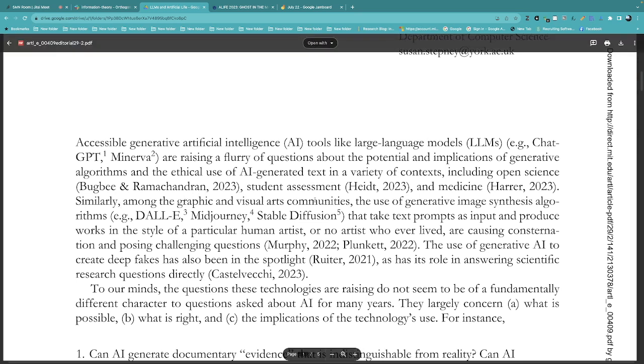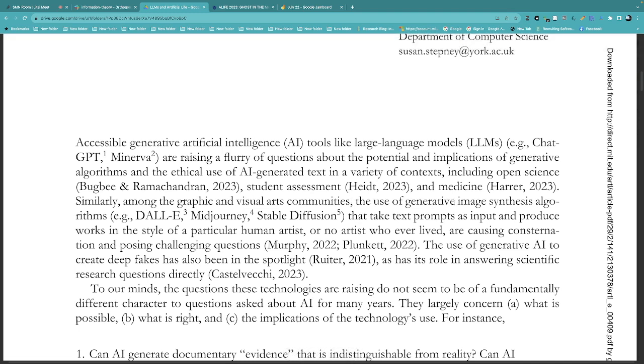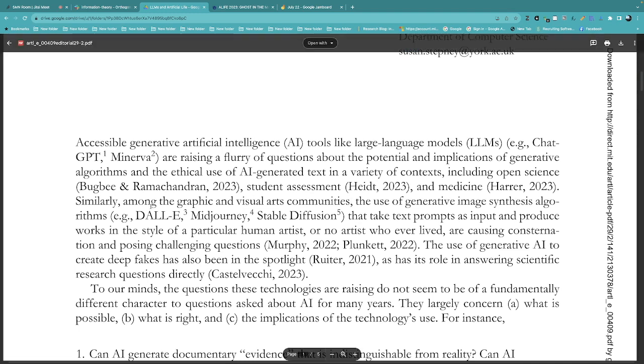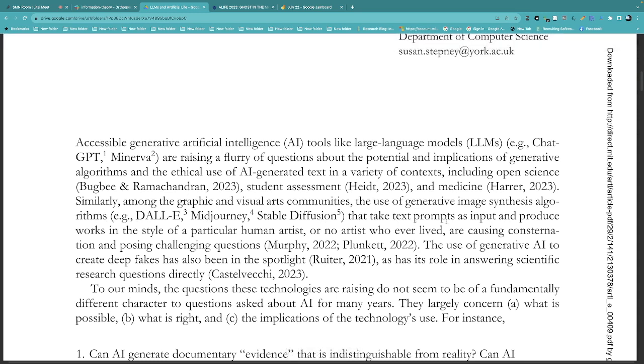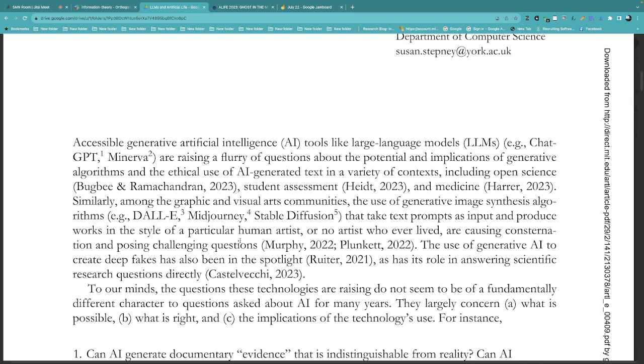Similarly, among the graphic and visual arts communities, the use of generative image synthesis like DALL-E, Midjourney, and Stable Diffusion that take text prompts and produce works of art, which may or may not be considered creative, is causing a lot of consternation and posing challenging questions.